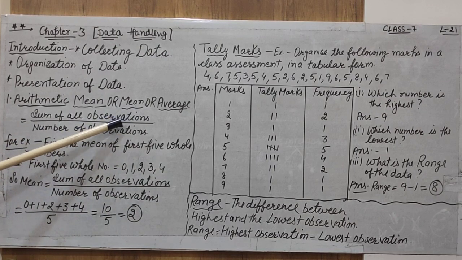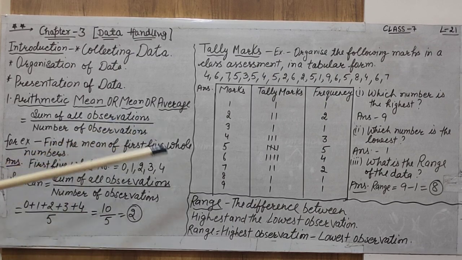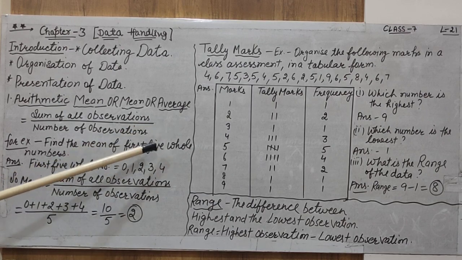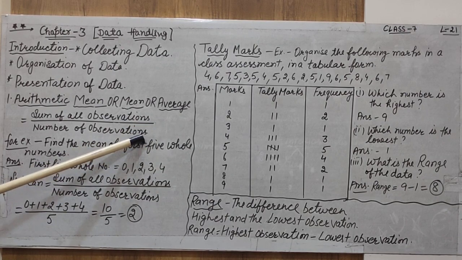If the observations are given according to marks, then all the observations are related to marks. It is not that the first observation is related to marks, the next to weight, and the next to height.